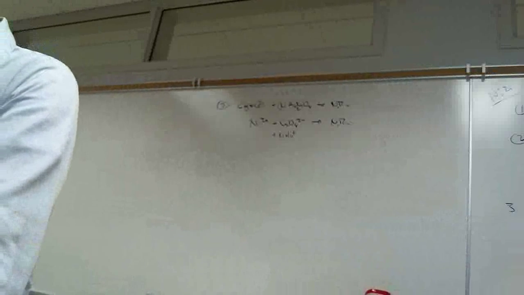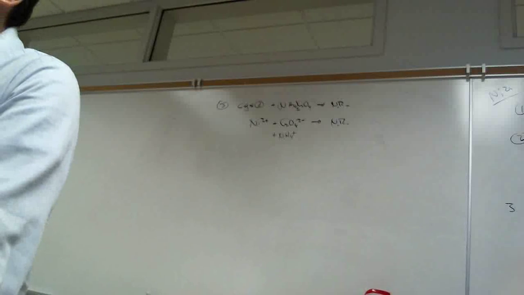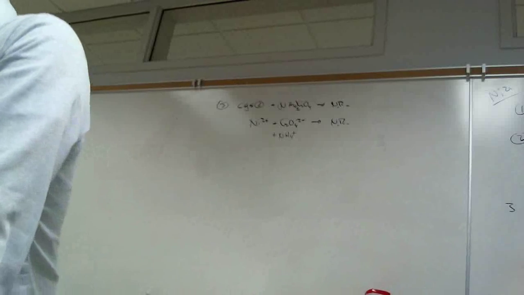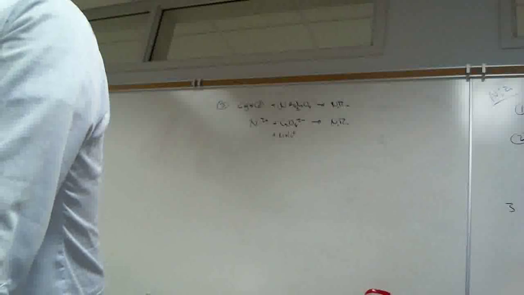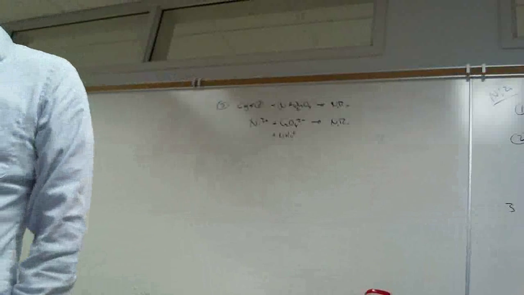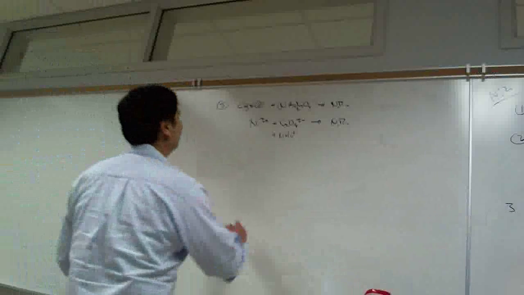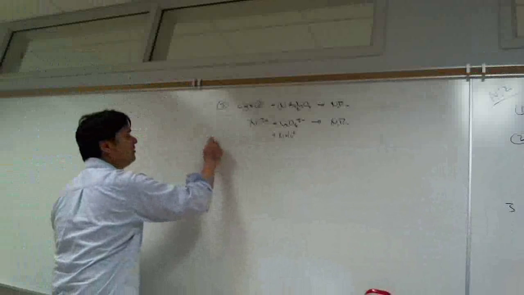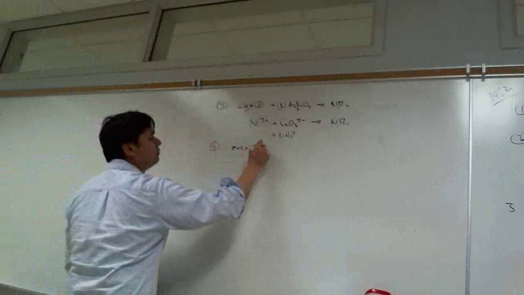That's why in one of the earlier steps we have to get rid of the hydrogen peroxide. Otherwise, the hydrogen peroxide will attack ammonia or ammonium and convert that. All right, so we got that. Now we have to get rid of the ammonium. So in step 4, we're going to evaporate the ammonium.